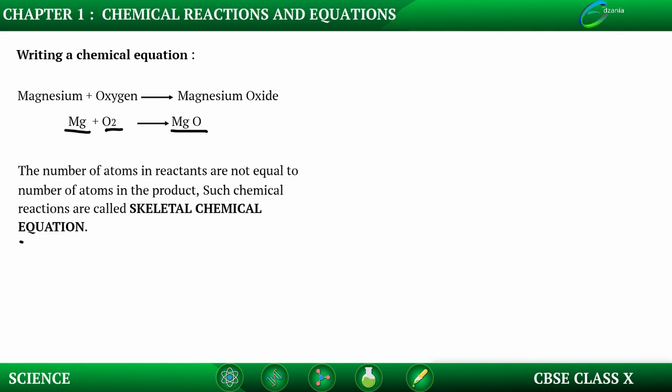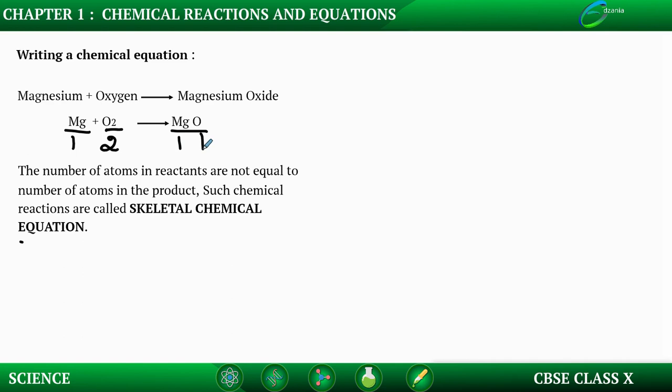The number of atoms in reactants is not equal to the number of atoms in the product. Such chemical reactions are called skeletal chemical equations. Here, in the reactants the number of magnesium atoms is 1, oxygen is 2, and in the product the number of magnesium atoms is 1 and oxygen is also 1, where the equation is not balanced.